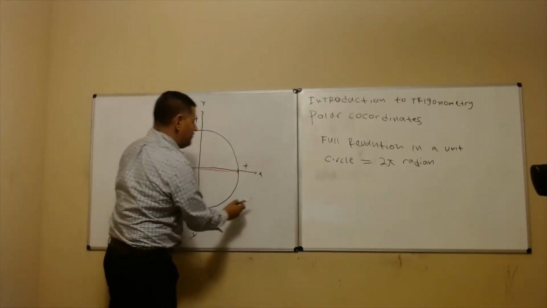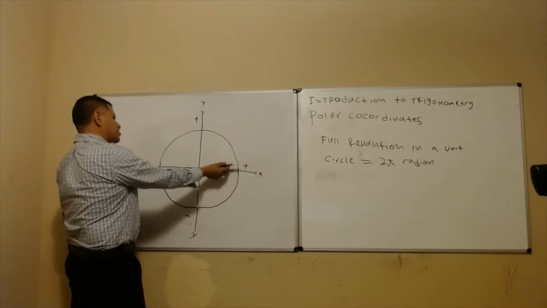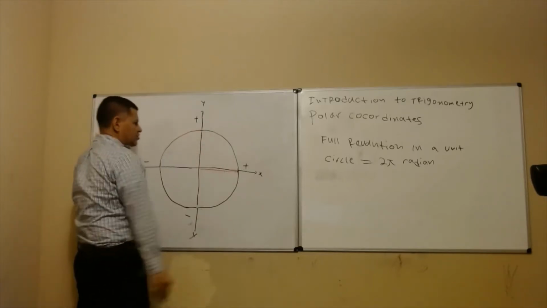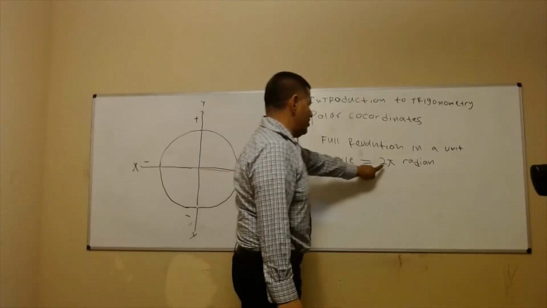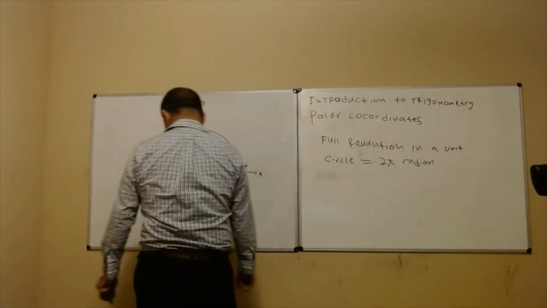A full revolution in a unit circle equal to 2 pi radians. And we will explain how we get that, right?